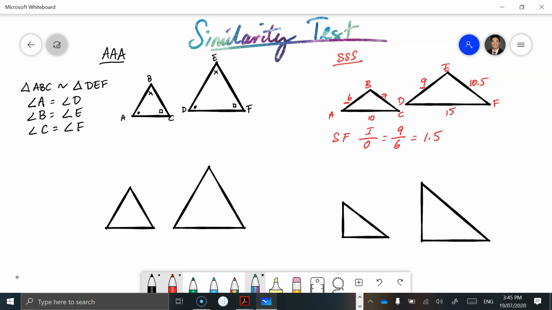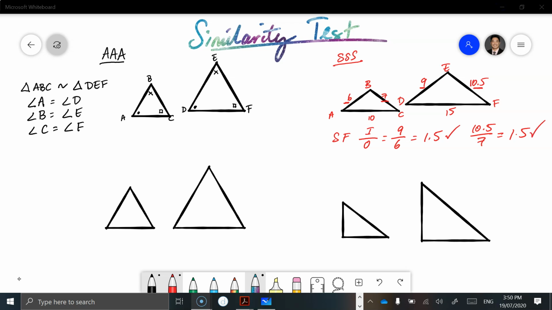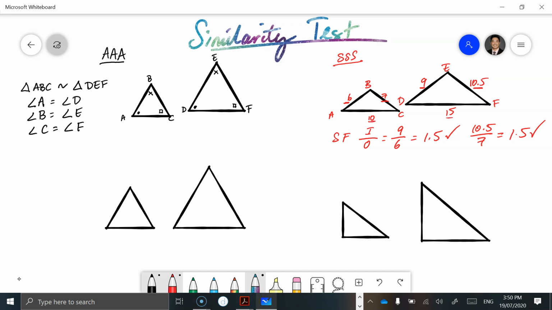Let's have a look at this. 10.5 should correspond to 7. 10.5 divided by 7 is 1.5 as well, so they are the same. Now the third one: 15 and 10. 15 divided by 10 is also 1.5. So all 3 sides have the same scale factor of 1.5.